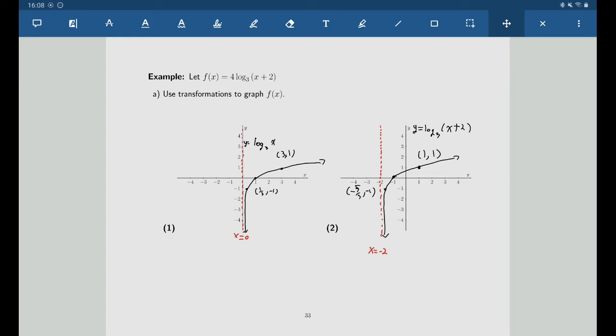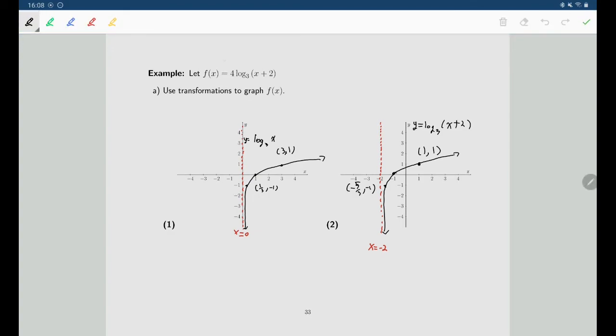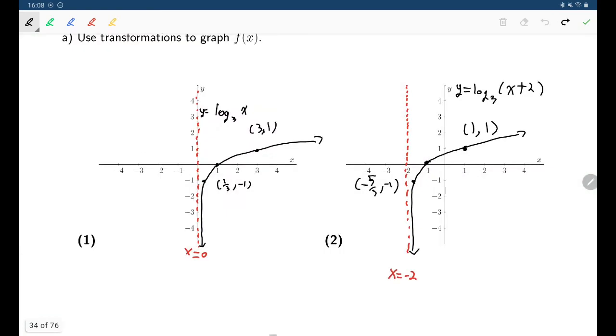And now the last thing that we'll be doing here is our vertical stretch. A vertical stretch by a factor of 4. So we're going to be taking all of our y coordinates and multiplying them by 4. If we're thinking about the graph itself, a vertical stretch of a vertical line isn't going to change the vertical line.